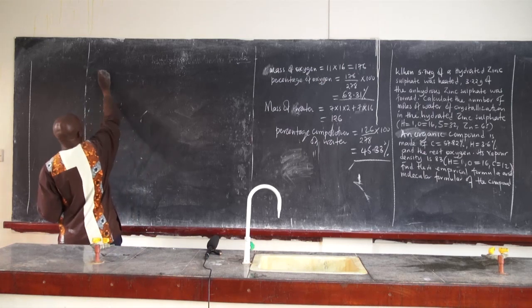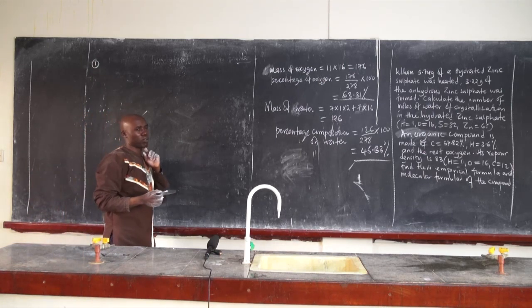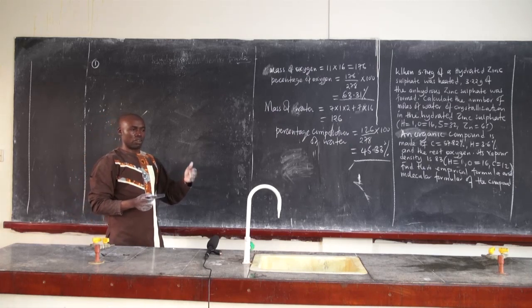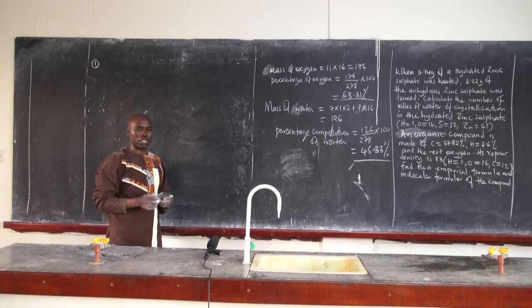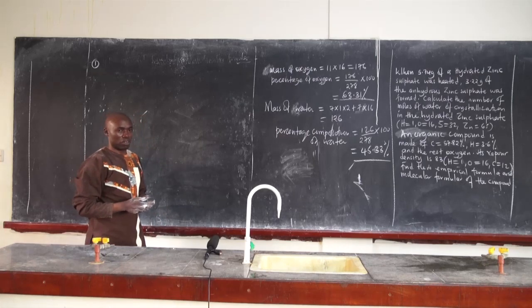Example 1. Now, how do we arrive at the empirical formula? We normally use experimental data. You'll see in the next video, within the same discussion, how the empirical formula can be determined. Now let's move on with the calculation first.